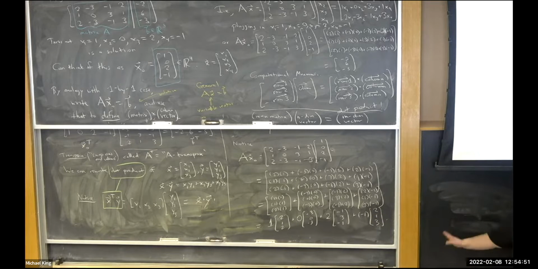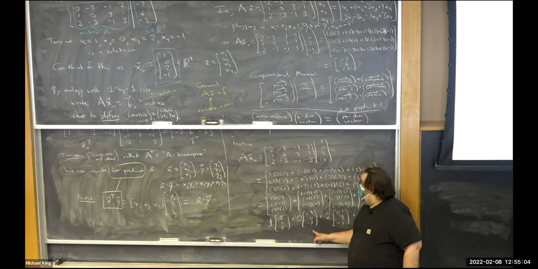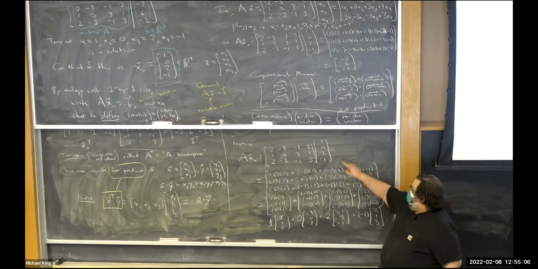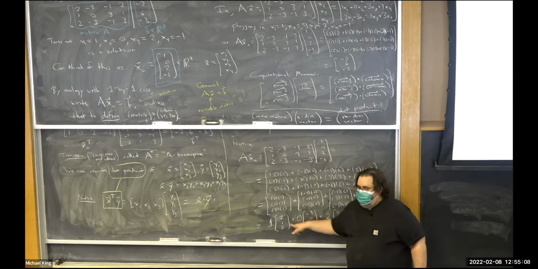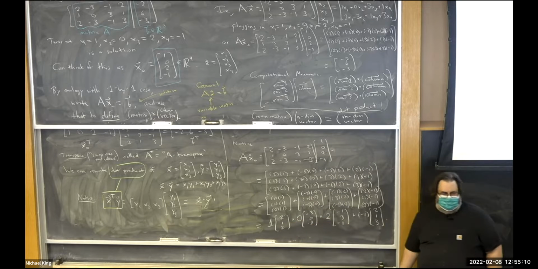And now this is a linear combination of the columns of A. You see that? These are the 4 columns of A, and these numbers right here are the coefficients in front of each column. Does that make sense?